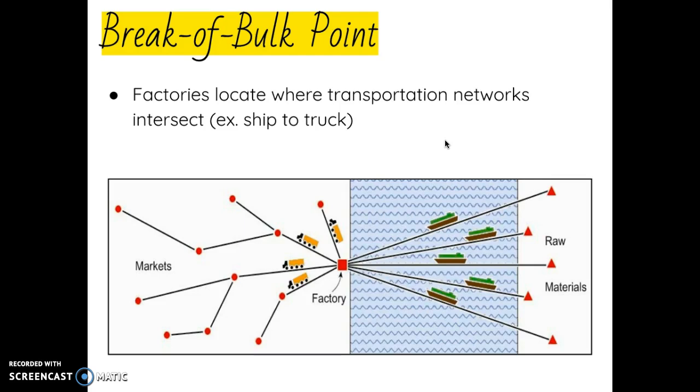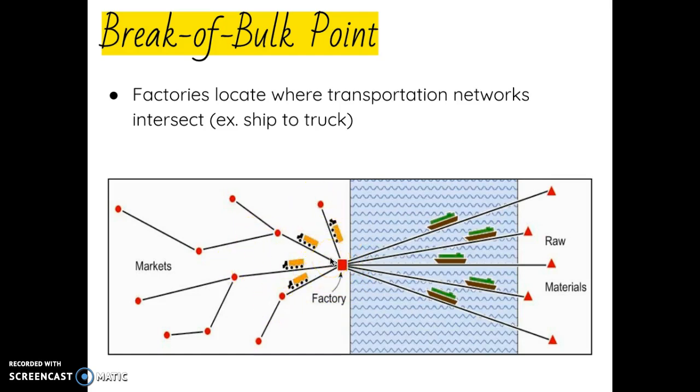So the break of bulk point is one place in which a factory could be located. So think about mixed modes of delivery, if raw materials are coming in through ships and are being unloaded here at the factories, and then the product is being made and then being shipped out on trucks to the markets, right?